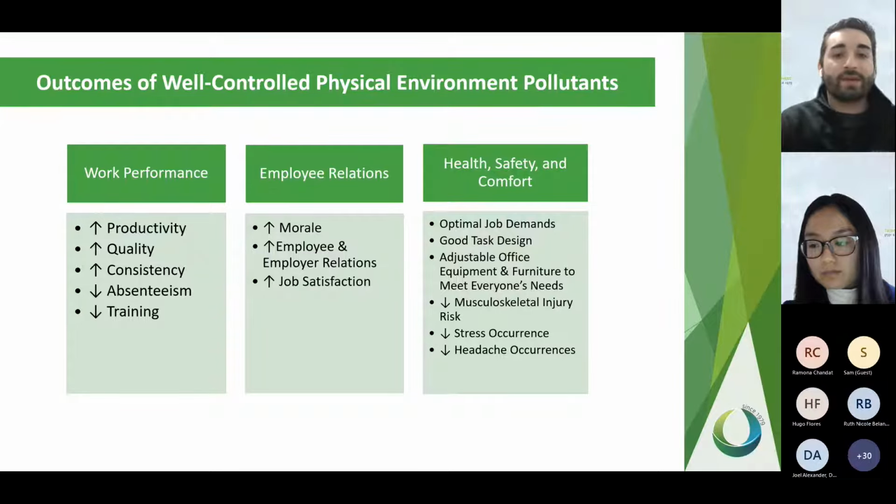And because of all the assessments and their outcomes in terms of health, safety and comfort, you have optimal job demands. The tasks are designed properly according to the requirements in the guidelines. For example, if they're drafting, the light that's required and available for them is appropriate and adjustable, because not everybody's the same.